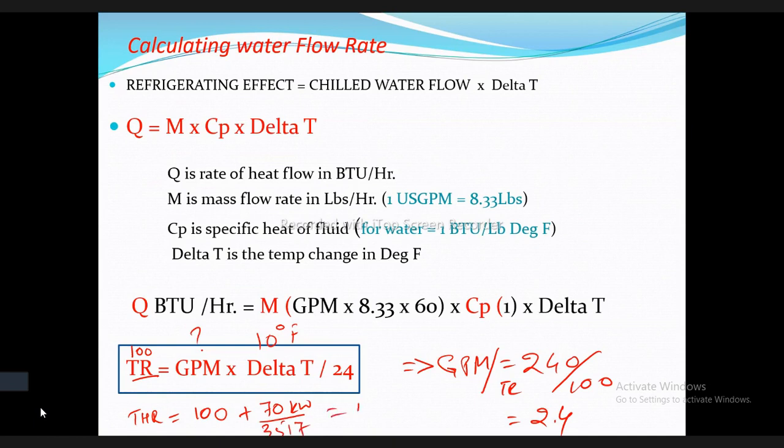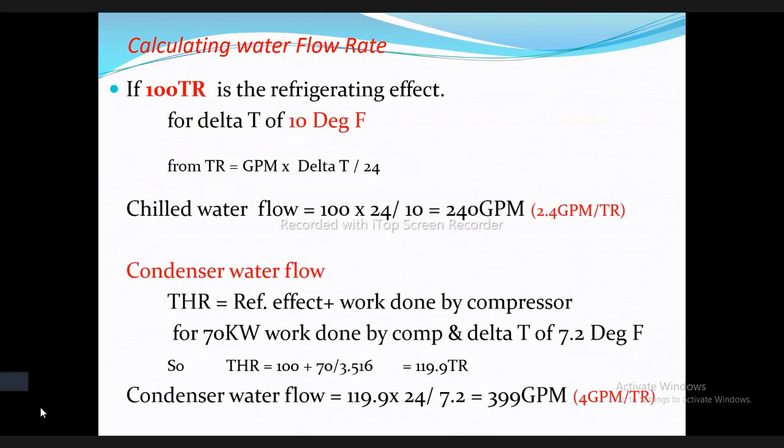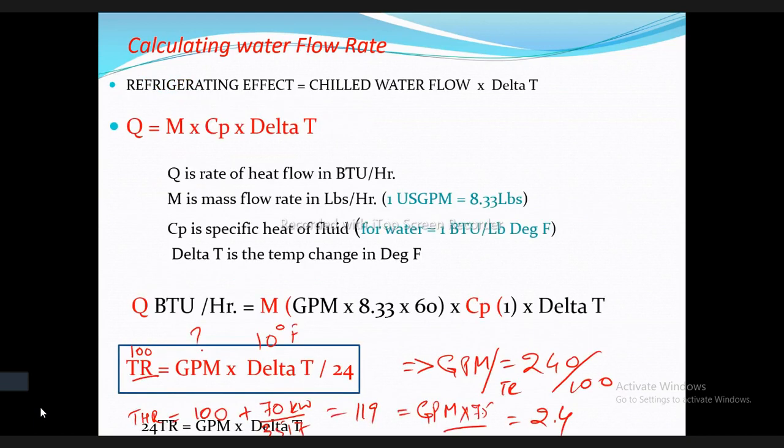So I'm getting somewhere around 119. So 119 is equal to GPM multiplied by delta T, that is 7.5 divided by 24. That is what we have done in this page. 7.2, sorry, not 7.5. Clear? Yes, sir.